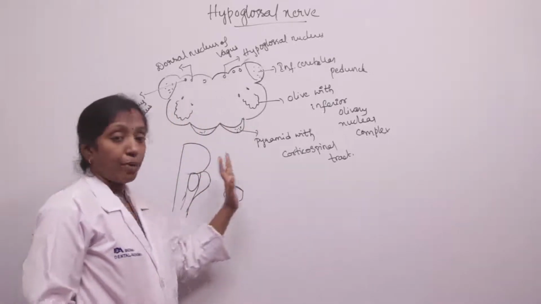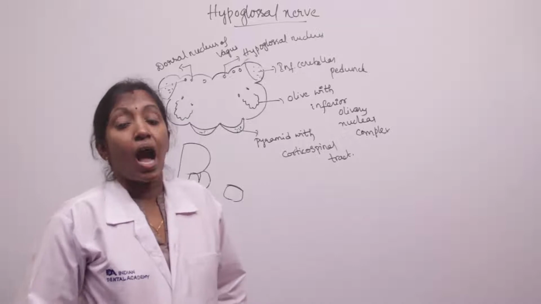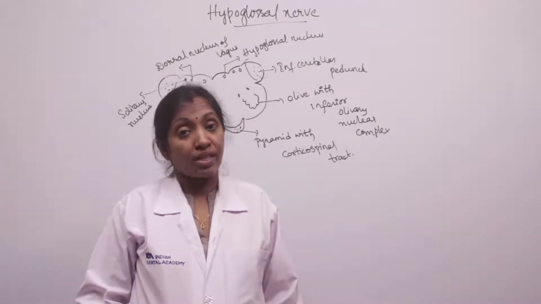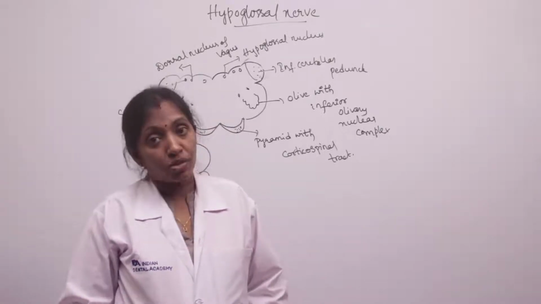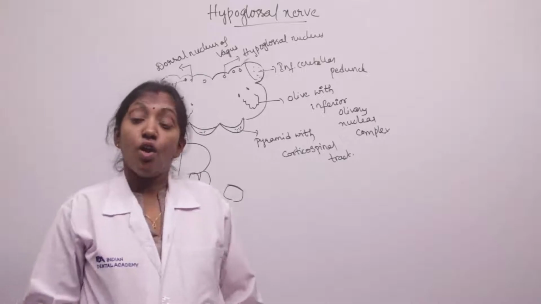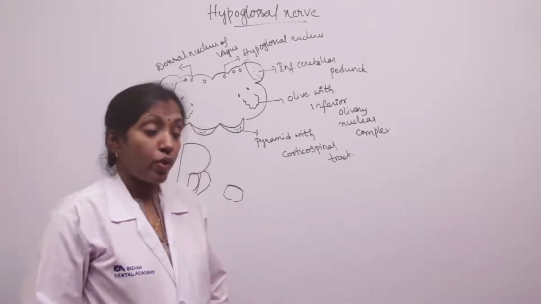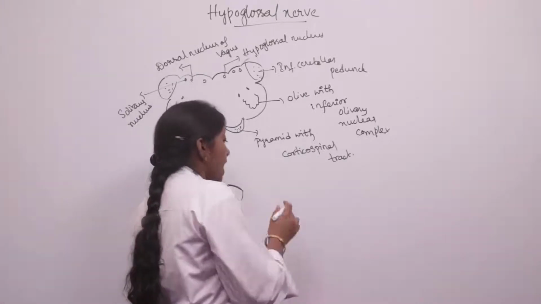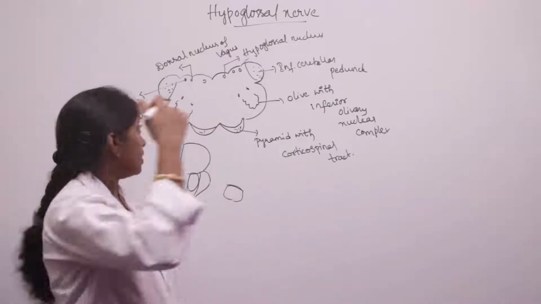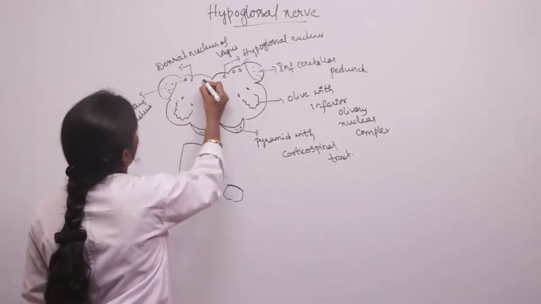Okay, so the hypoglossal nerve arises from the hypoglossal nucleus, which is about 2 centimeters long, with the hypoglossal triangle, which is situated in the floor of the fourth ventricle, and here this is the hypoglossal nucleus.